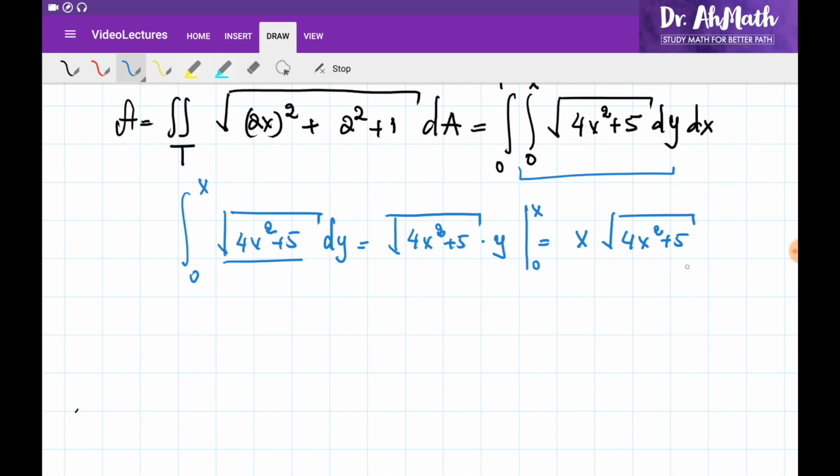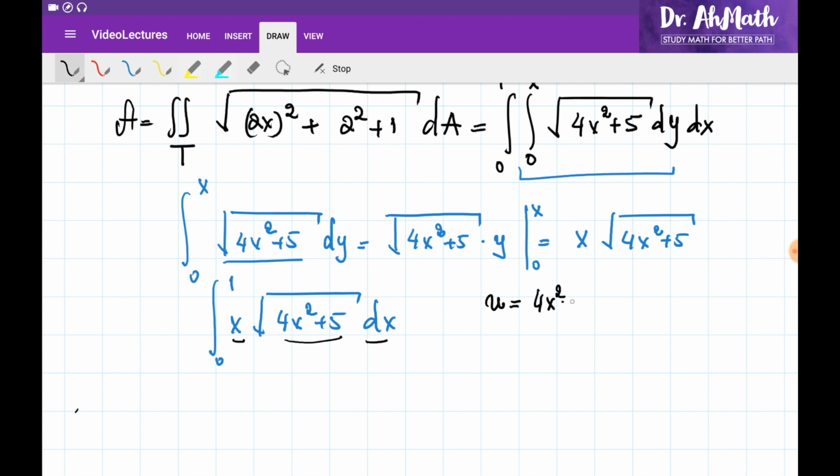Now we need to integrate this function, x multiplied by the square root of 4x squared plus 5, with respect to x from 0 to 1. Please note that I see the function and its derivative. Here I would make the substitution, right? So let's substitute u as 4x squared plus 5.